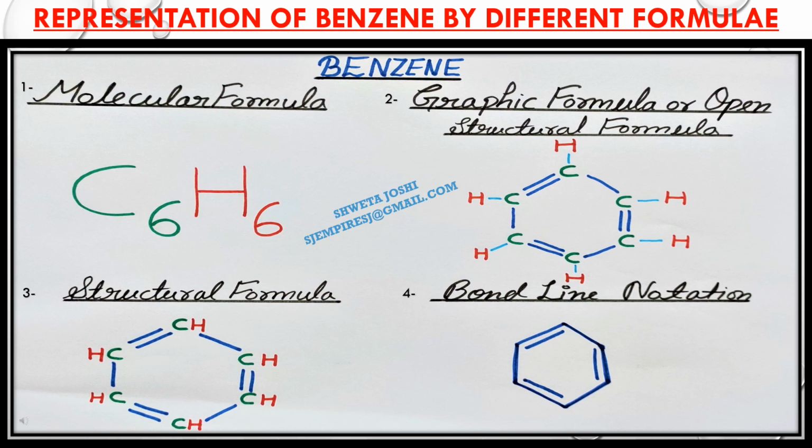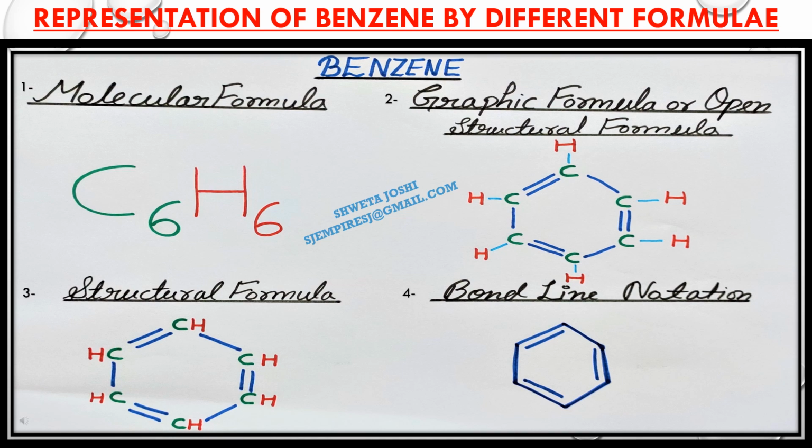Now representing benzene by different formulas. First one is molecular formula, which is C6H6 for benzene. It means there are 6 carbon atoms and 6 hydrogen atoms in benzene. Second one is graphic formula or open structural formula. In this formula, we are going to show bonds between carbon-carbon atoms as well as bonds between carbon-hydrogen atoms.